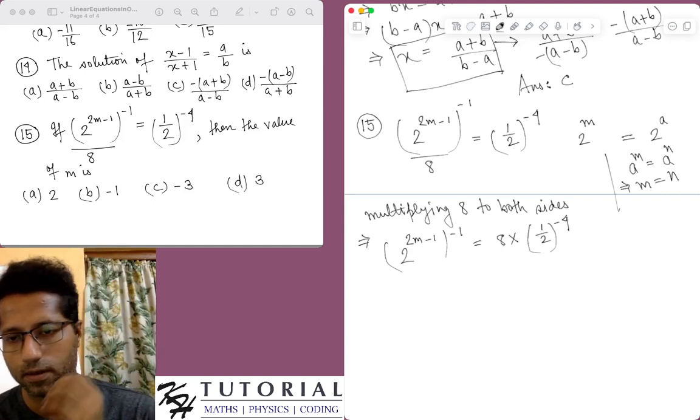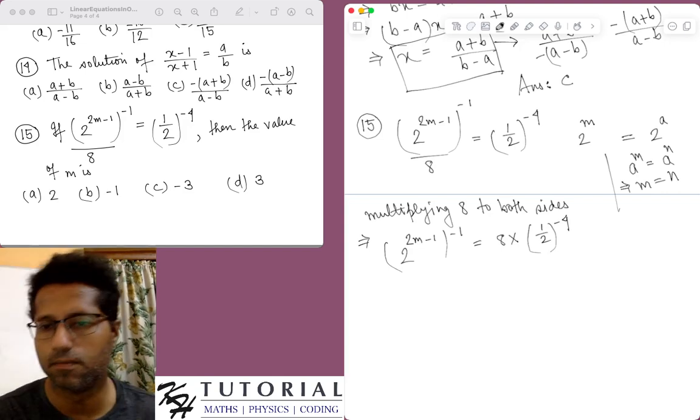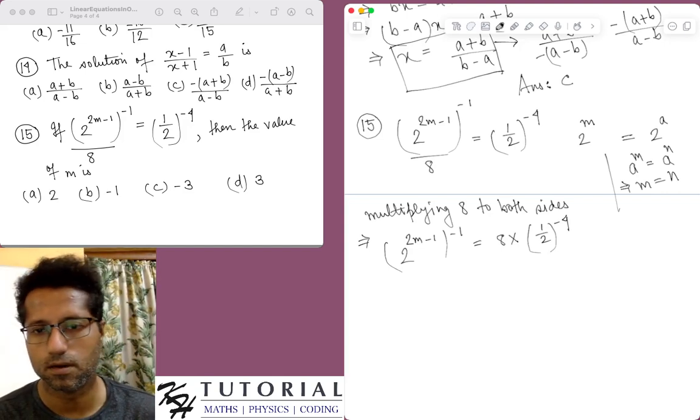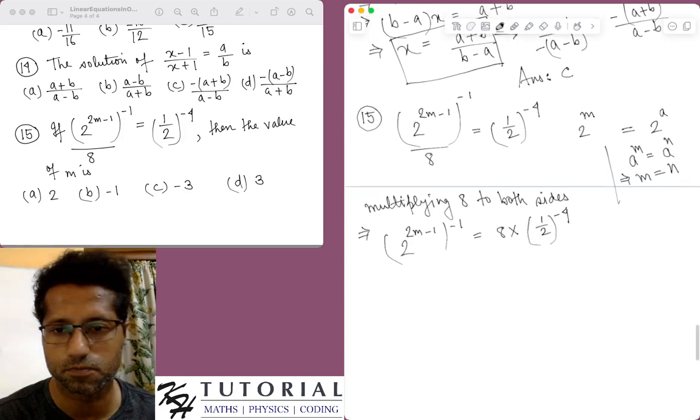Now you have to be very careful and very clear about manipulating the powers in exponents using the laws of exponents.